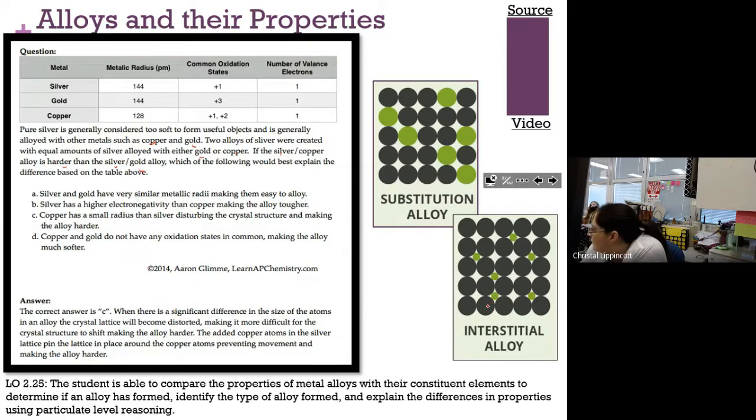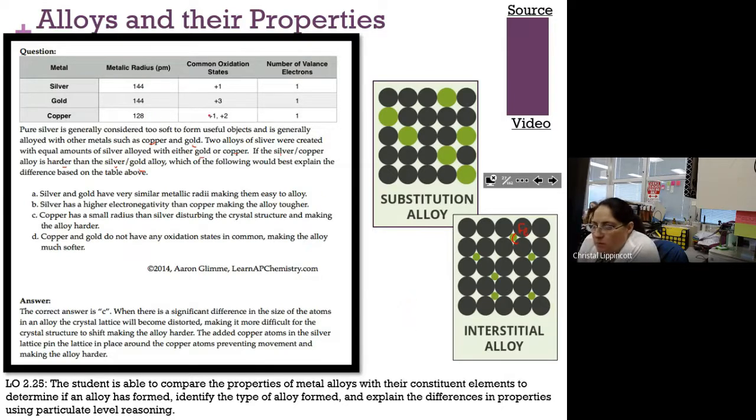And that's why steel is so much stronger. So, interstitial? Interstitial, yep. In this one, it's the copper that fits in between the silver. But in terms of steel, it's going to be the carbon and iron. But copper almost has the same radius. It's enough different that it's going to kind of lock this in place.